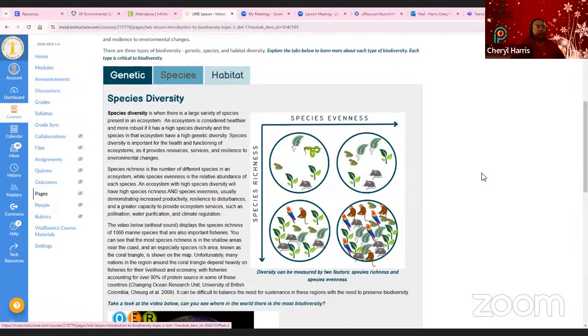Then we go from ecosystems to communities. Our ecosystem included our living things and non-living things, our biotic and our abiotic factors. Then when we get to community, we're only talking about the organisms themselves that exist in there.